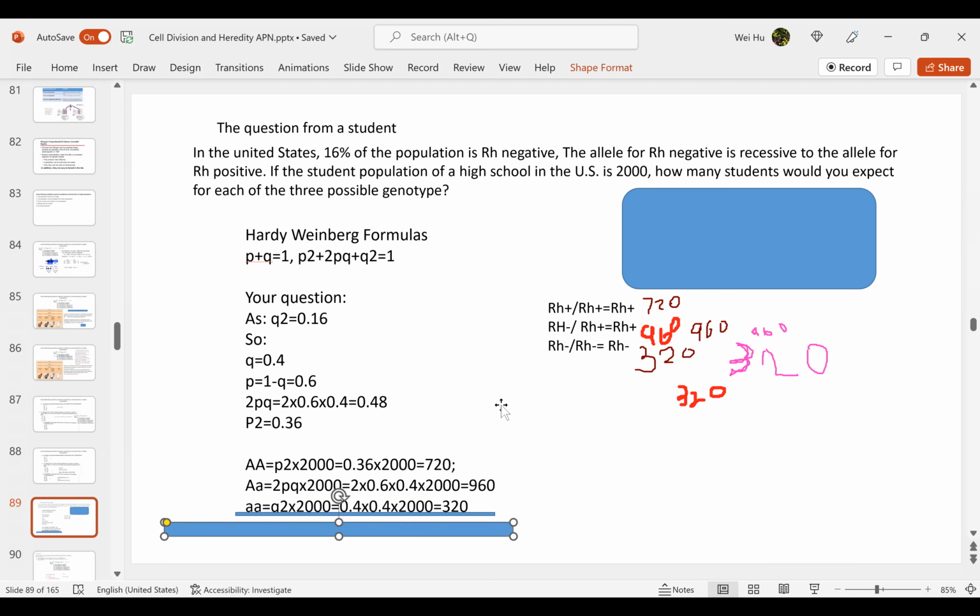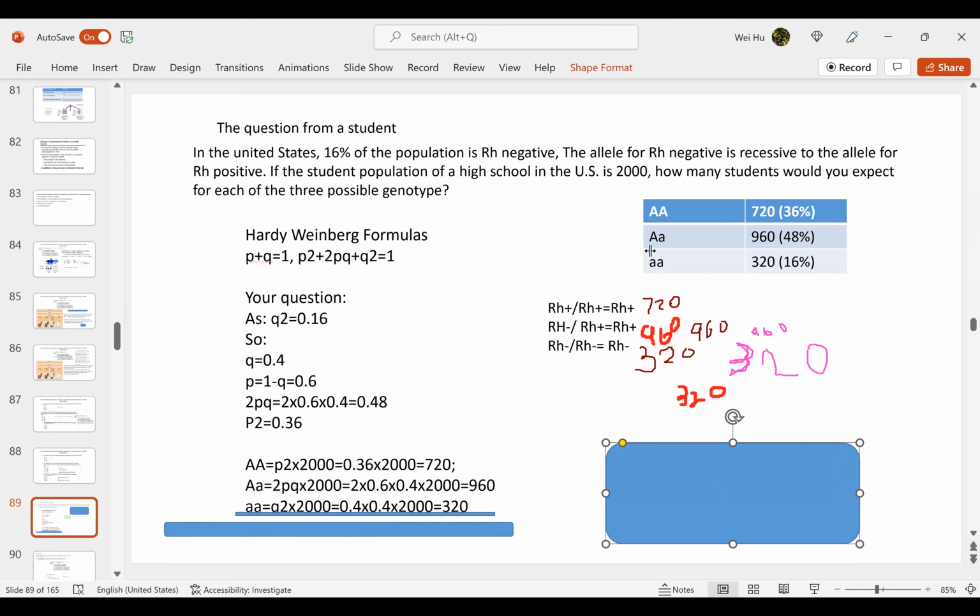So the question asks you for genotypes. So genotype has two alleles. Okay, so then your answer here is big A big A, 720, 36%. Big A small a is 960, 48%.